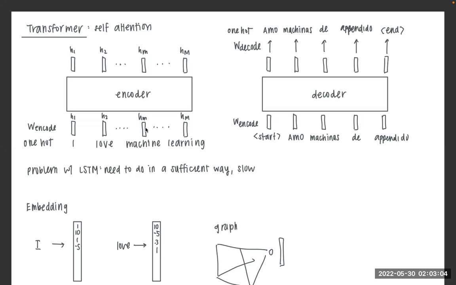So that's the basic idea of this self-attention architecture. And in fact, the self-attention mechanism was used much before for both language and also vision, like image object recognition.